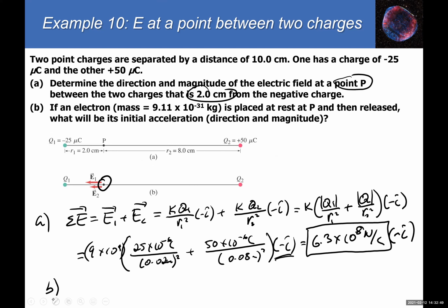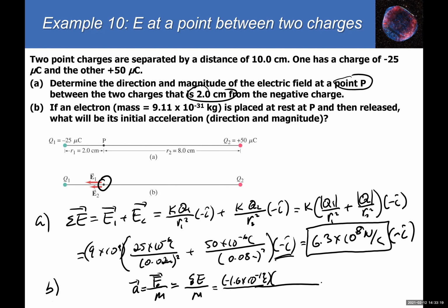I calculated the electric field, and in terms of acceleration, I have one equation, right? It's the force acting divided by the mass. The force acting is going to be due to the electric field that is there already. That means it's basically q times E. Remember, electric force is q times E, then divided by the mass. Now, q is the charge of the particle, and it's an electron, so negative 1.6 times 10 to the negative 19 coulomb.